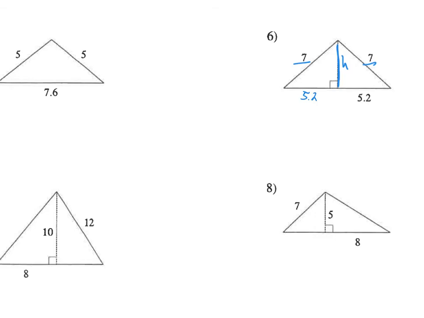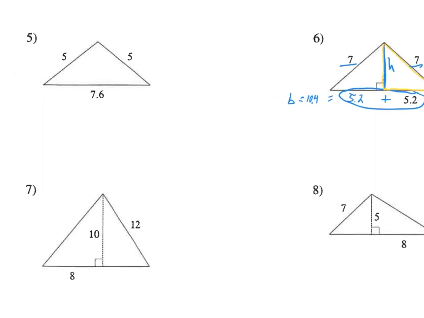So now I know the base would be the sum of those, or 5.2 times 2. So that'd be 10.4 is our base. Now we just need to use the Pythagorean theorem to find the height. So we have a right triangle in there. Use that right triangle to find the height, and then you can find your area.